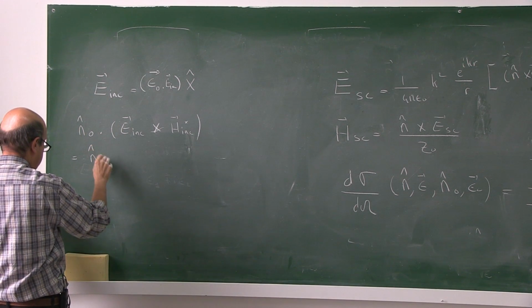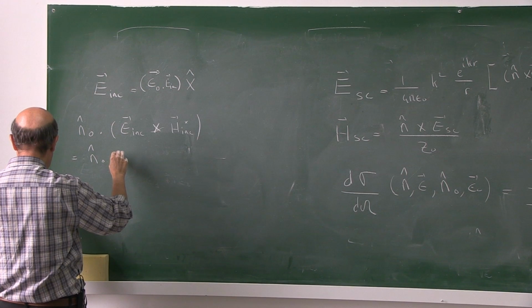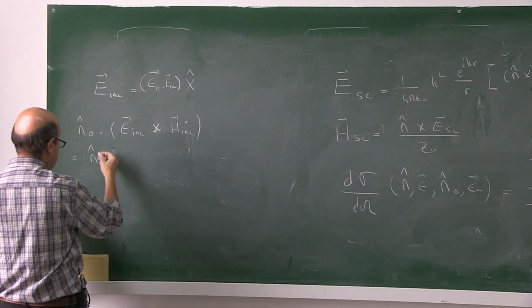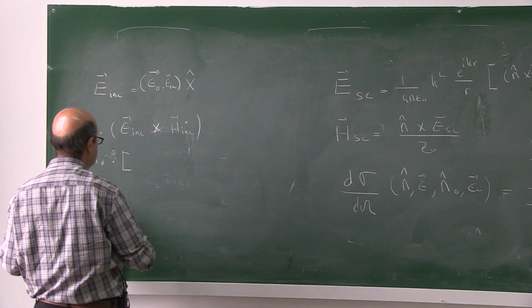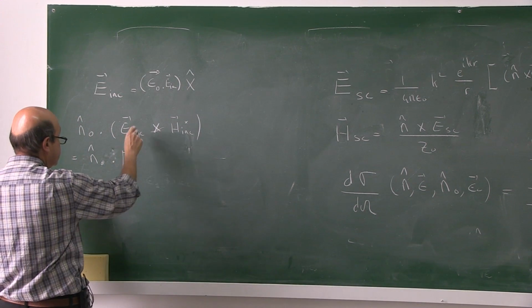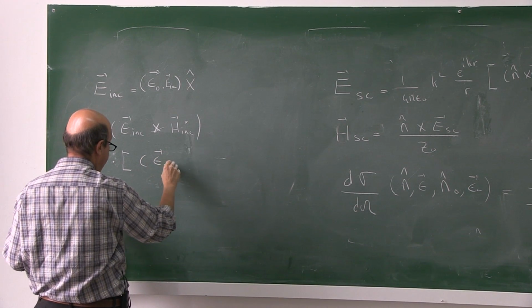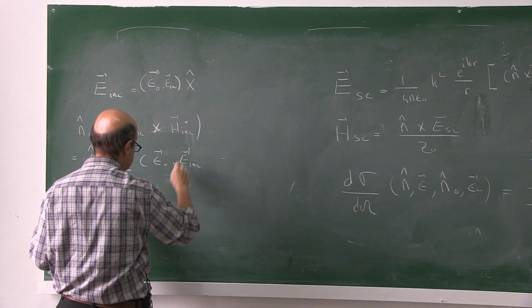And n0 dot, instead of E incident, n0 is the propagation direction of the incoming wave. E incident is E0 dot E incident.